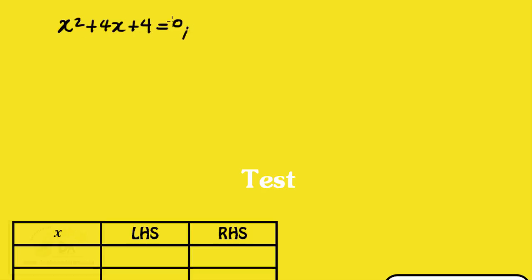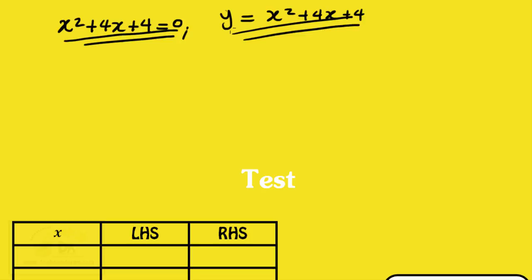Now if you think of this as the equation y equals x squared plus 4x plus 4, what we've done is we found the root of this equation, i.e. the solution to this equation when y is 0. The solutions when y is 0 are the roots of the equation, and we found that the solution is just x equals minus 2 repeated.